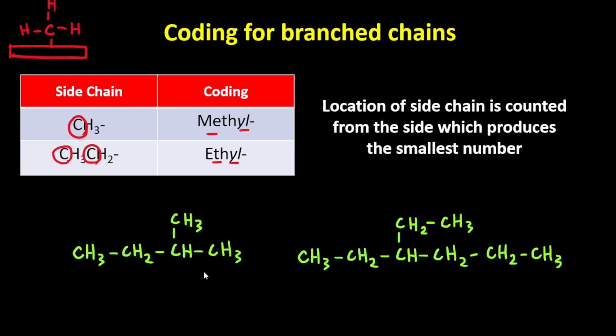Okay, for example, let's try to name this compound. What do you do first? You always try to find the longest carbon chain, which is going to be, in this case, this one, right? Why? Because if you select the second part that I'm going to draw now, it's only going to be 1, 2, 3.